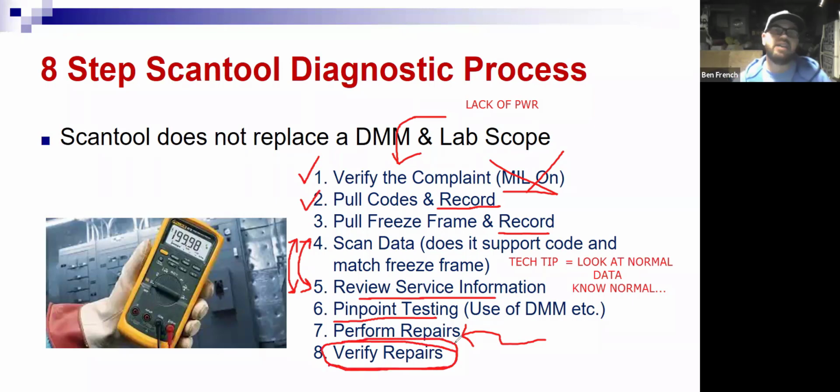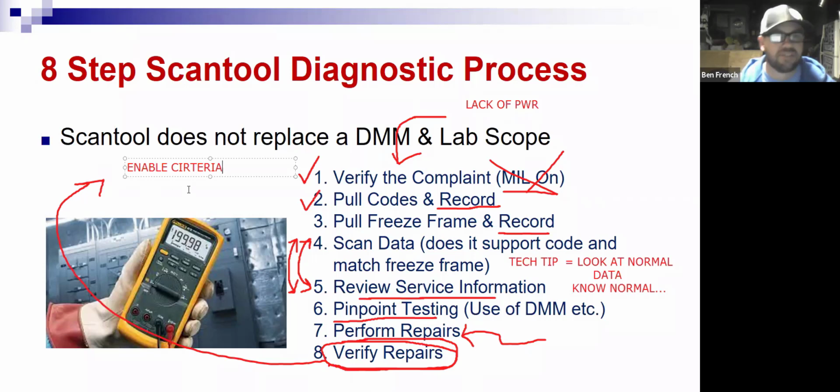And that means that I'm going to have to test drive the vehicle, and I'm more than likely going to have to drive it not just around the block, but drive it in such a way that I meet, remember what we call it? I meet the enable criteria. Or I should probably put, I meet the necessary conditions to get the monitor to run.